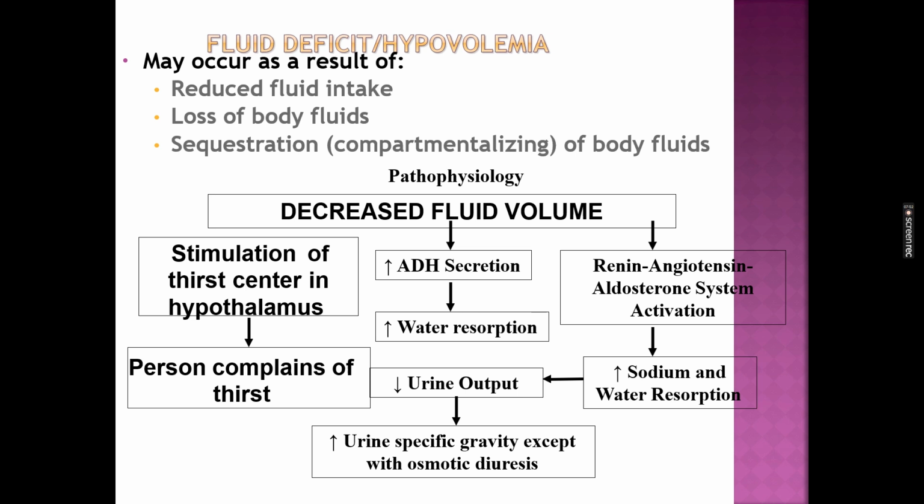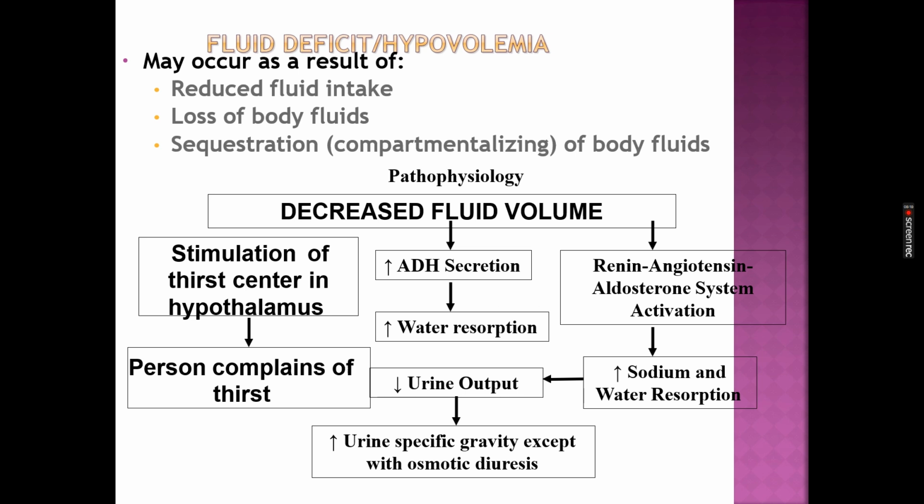Second is the increased ADH secretion. ADH is the antidiuretic hormone, and this hormone is also called vasopressin. It is produced by the hypothalamus and released by the posterior pituitary gland into the bloodstream. This hormone is always released when there is a reduced fluid volume in our body.